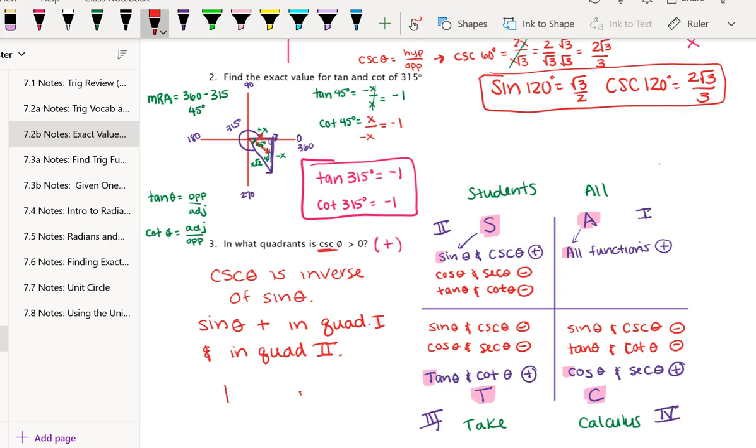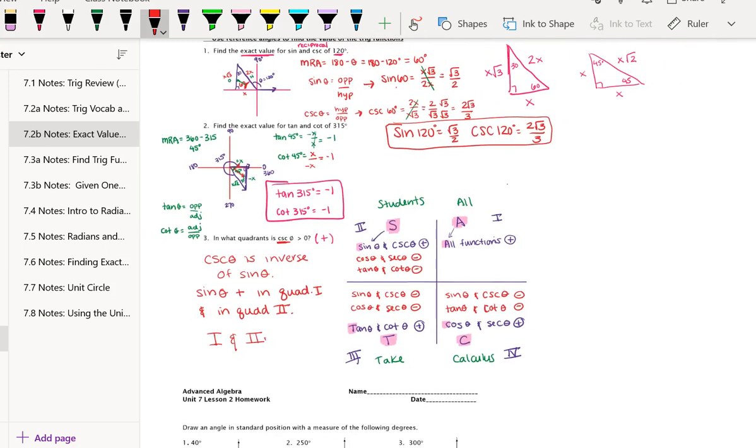So the answer is 1 and 2. Since sine is positive in quadrant 2 and cosecant is its inverse, cosecant is positive in quadrant 2 as well as quadrant 1, because all functions are positive in quadrant 1. Okay, so that's how you would address that question.